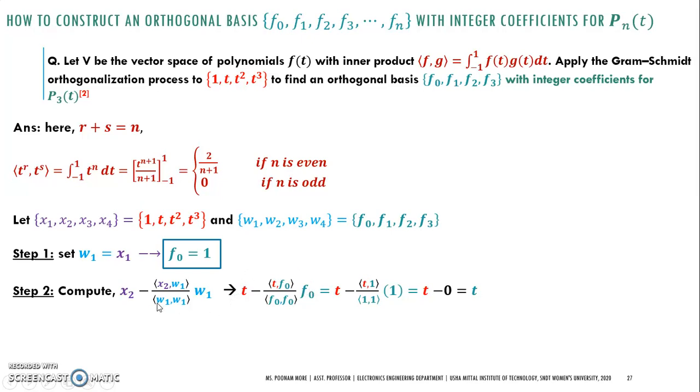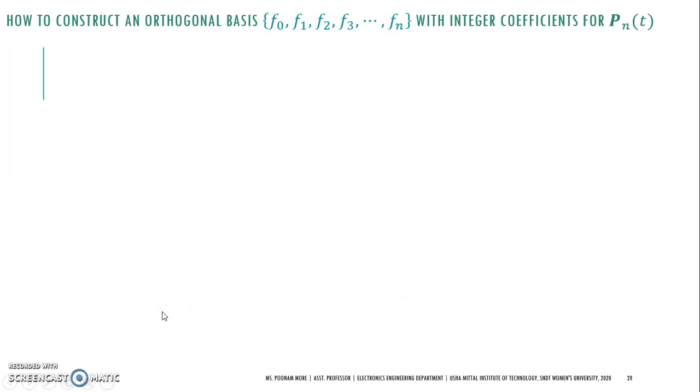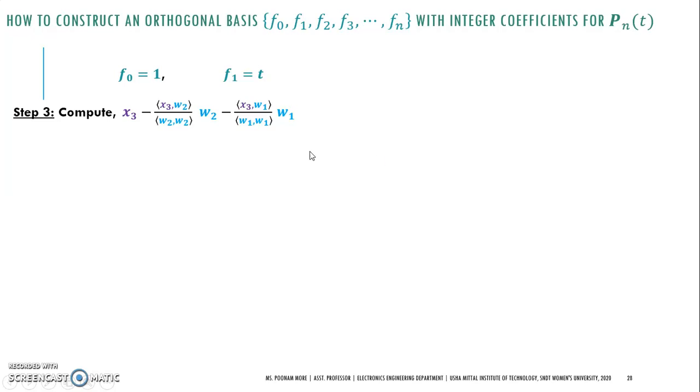So this term becomes t. Now we will set this term as f1. So the values of f0 and f1 can be calculated as I have shown over here. Now we will proceed further for the calculation of the next terms.